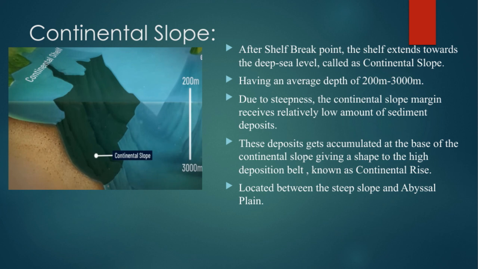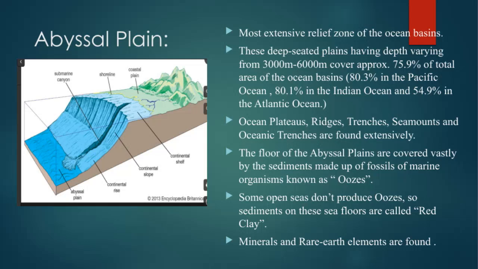This area acts as a kind of transitional zone between the steep slope and the vast abyssal plain. The continental rise is important because it helps us understand how sediments are redistributed from the shallower continental areas to the deep ocean floor, shaping the overall structure of the oceanic crust and contributing to the broader theme of ocean basin development.